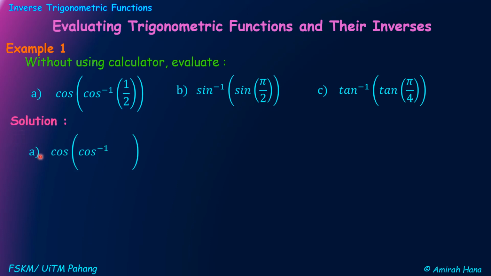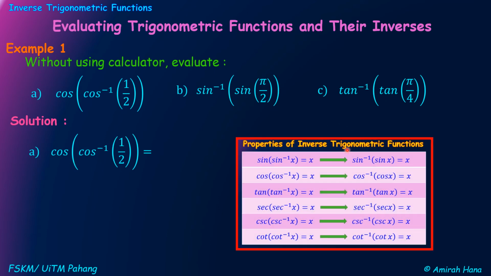A, to evaluate this trigonometric function, we can refer to the properties of trigo functions here. From the properties, every time we have the same trigo function, one of them ordinary and one of them inverse, the answer equals x.